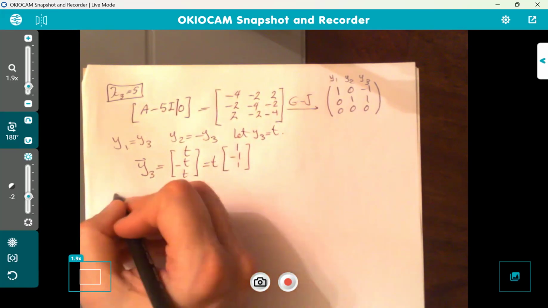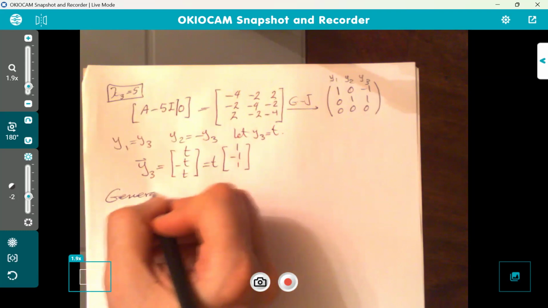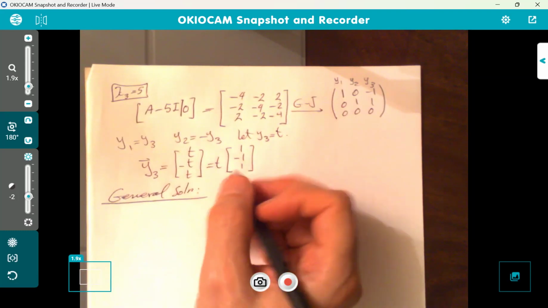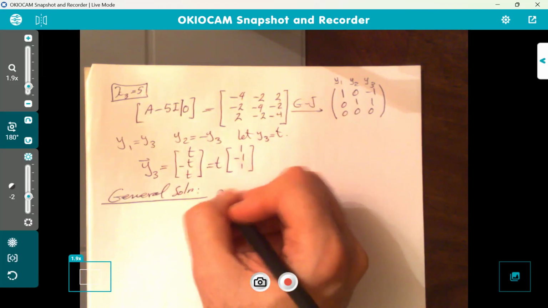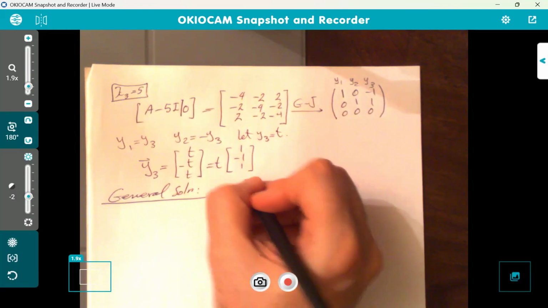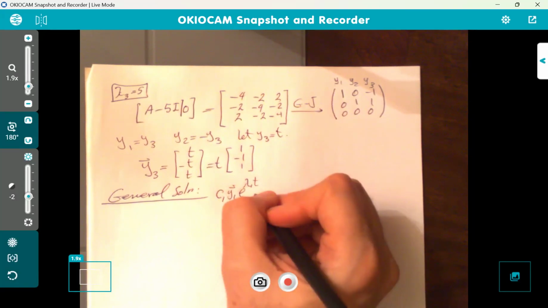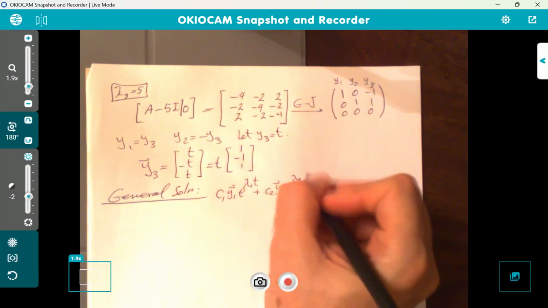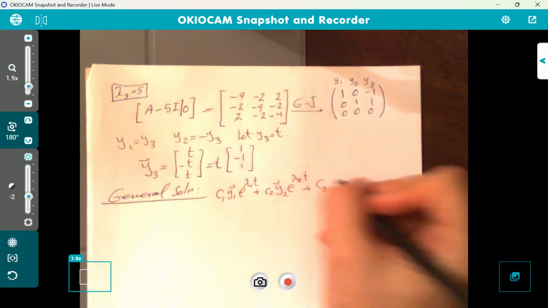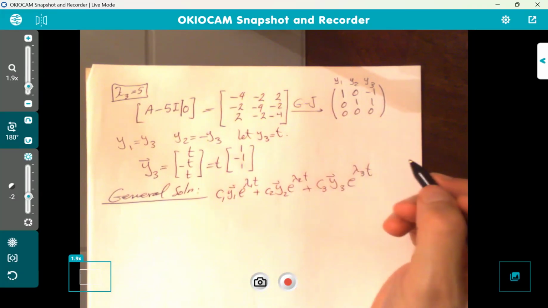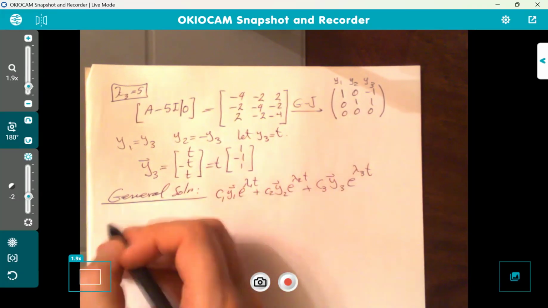And there you go. Now we have our general solution to the differential equation, and our general solution is going to be, again, C1 Y1 e to the lambda 1 t plus C2 Y2 e to the lambda 2 t plus C3 Y3 e to the lambda 3 t. Okay.